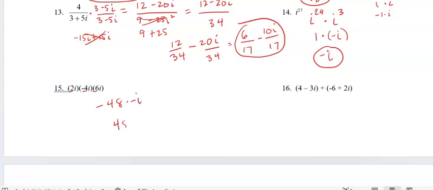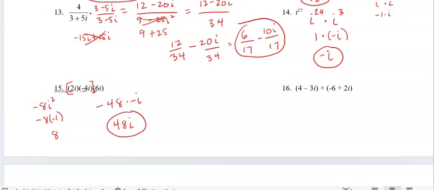And so our final answer here is 48i. You could have also, just giving you another option here, if you multiply these together first, that would be -8i squared. But -8 times -1 is +8, and 8 times 6i is 48i. So two different ways of coming up with that answer.